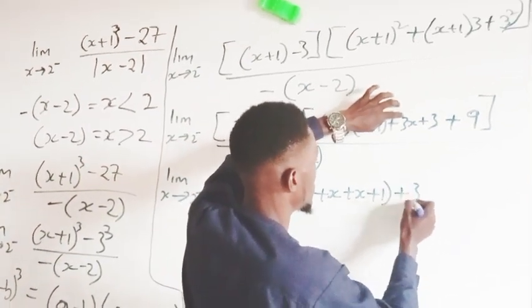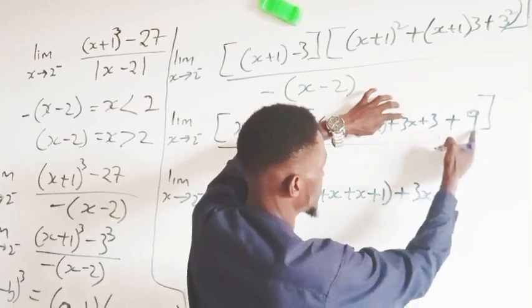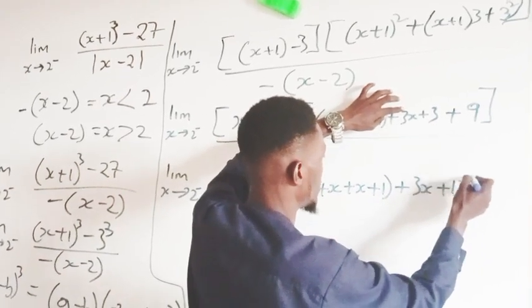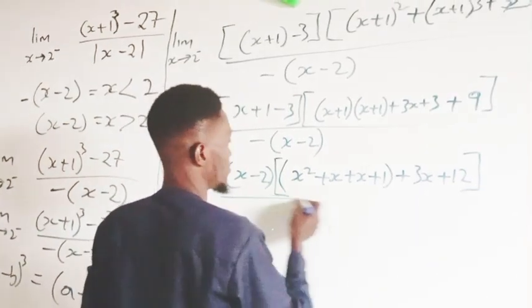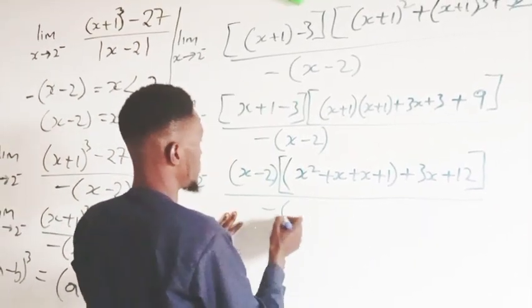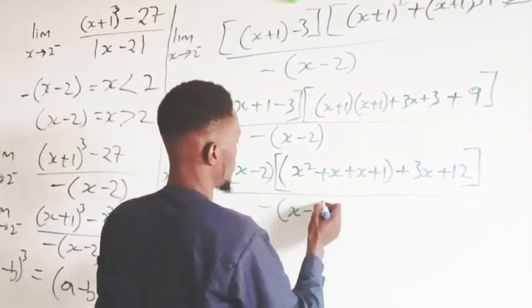Plus 3x. 3 plus 9 is 12. Everything divided by minus bracket x minus 2.